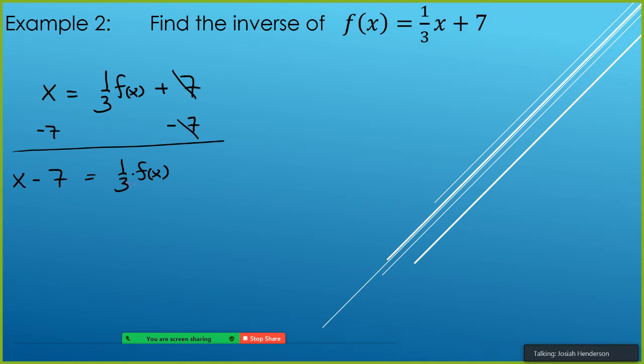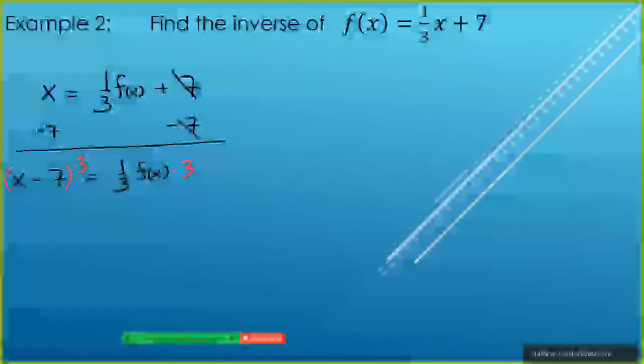So instead of dividing by a third, I'm going to multiply the right by 3, and I've got to multiply the left by 3. So I'm multiplying the entire left side by 3 and the entire right side by 3. This clears out the fraction immediately. 3 divided by 3 just gives me the f of x now.